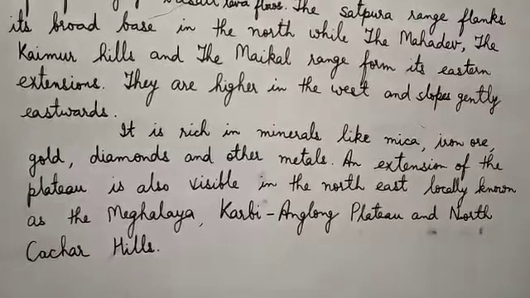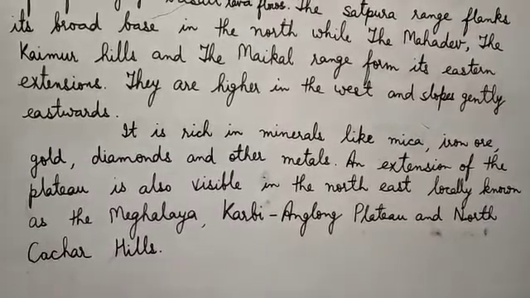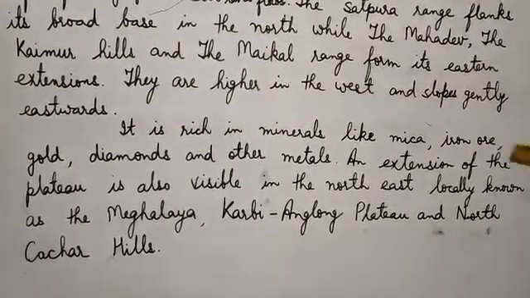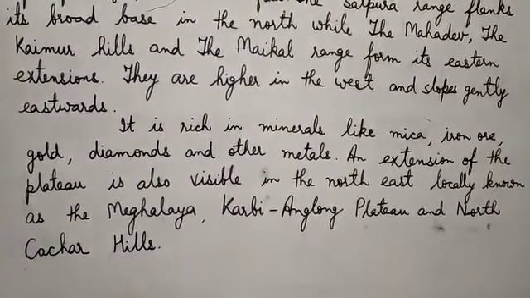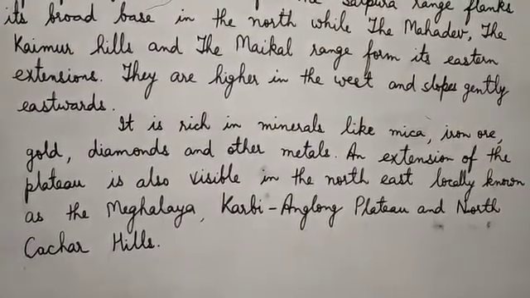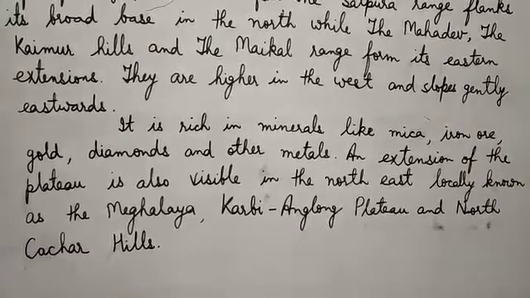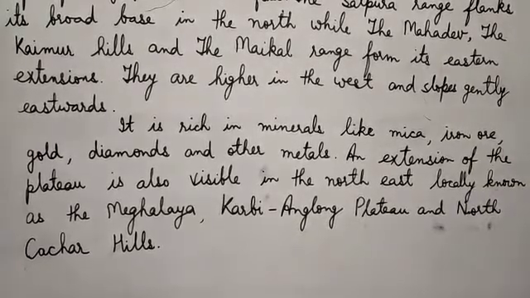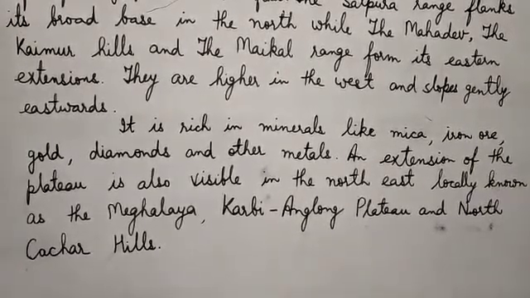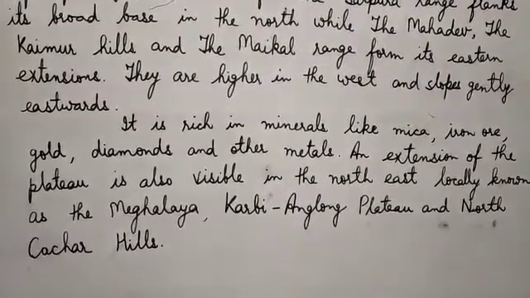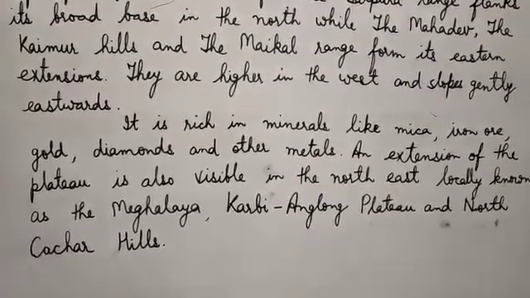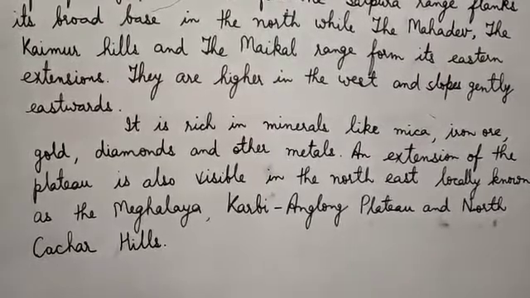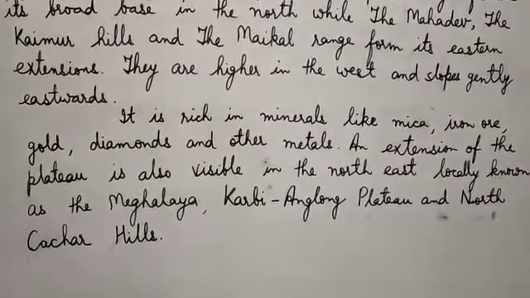Now these are separated by a fault from the Chotanagpur Plateau. And three prominent hill ranges that we see particularly in Meghalaya are the Garo, Khasi and the Jayantia Hills from the west to east. The Garo, Khasi and the Jayantia Hills.